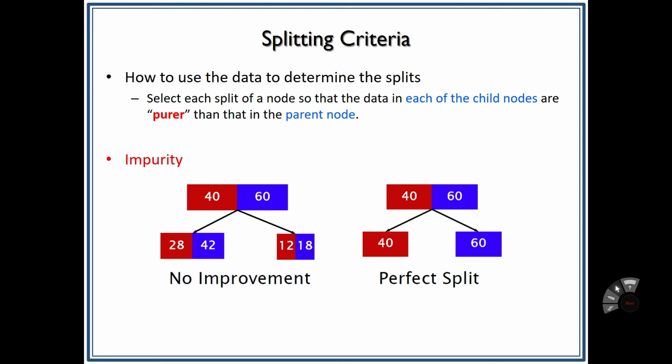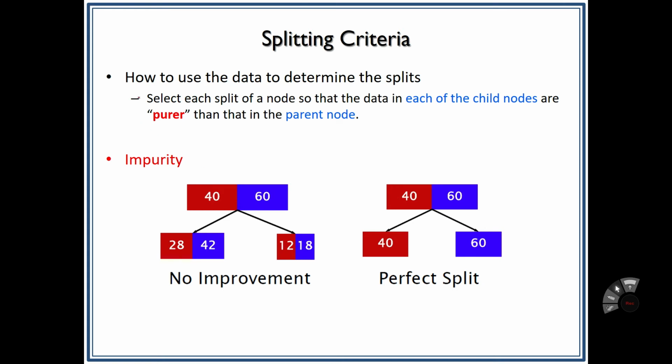Then the first one is the splitting criteria, how we split data into two parts, because in the CART algorithm just binary splits are allowed. So to split data into two parts, we should have a splitting criterion, and a way to use the data to determine the splits.